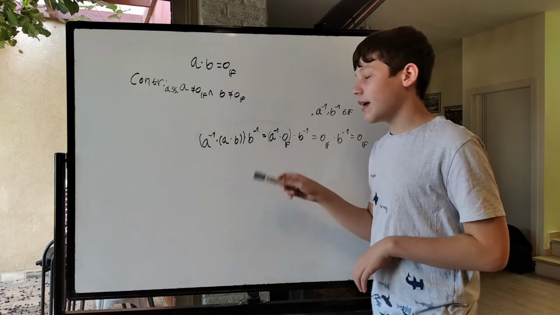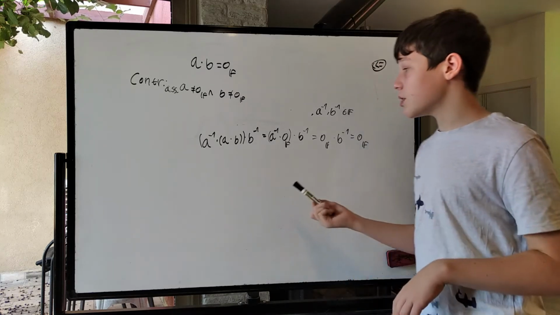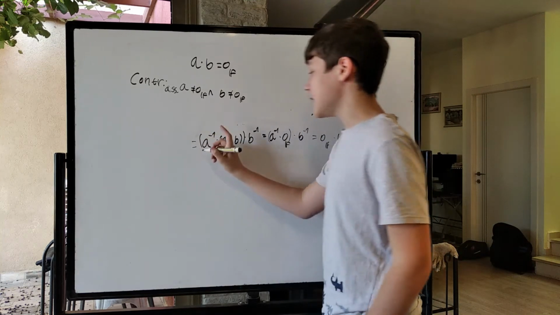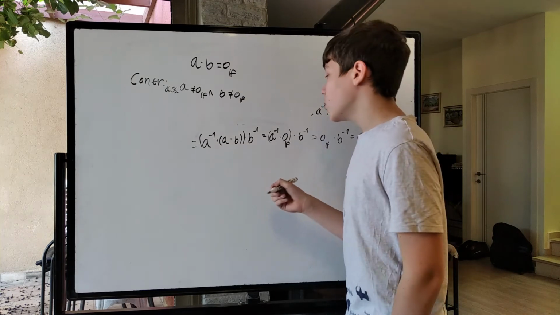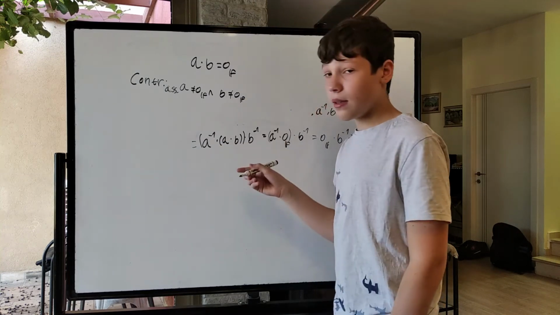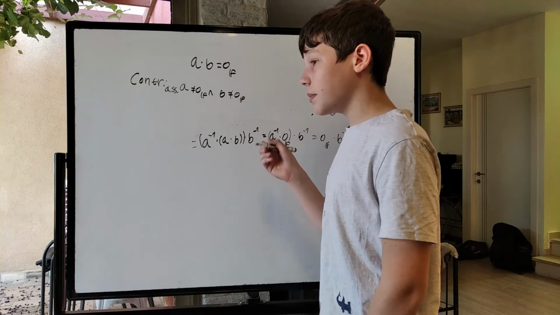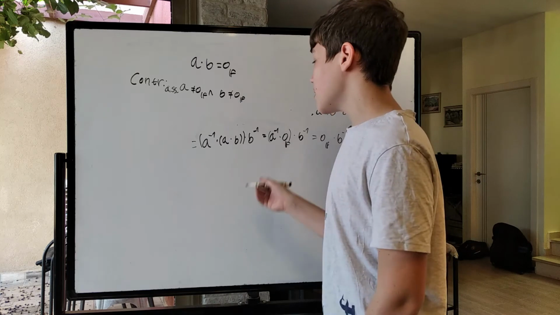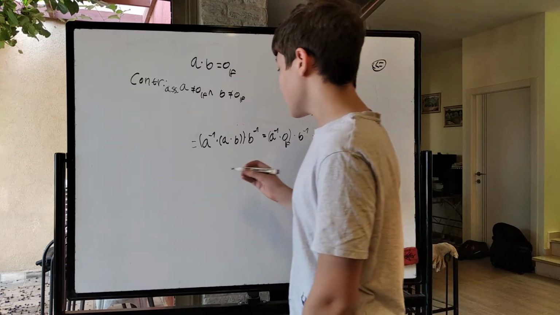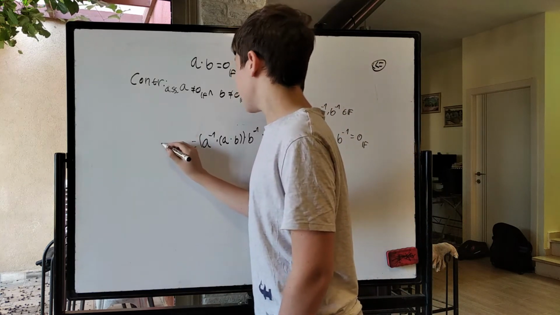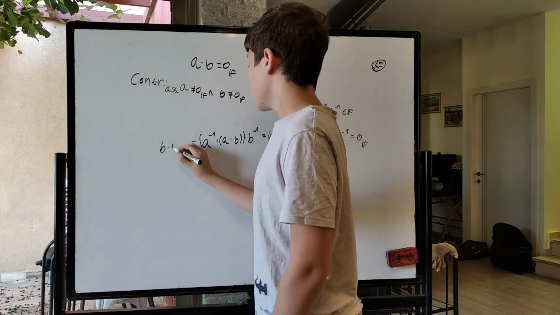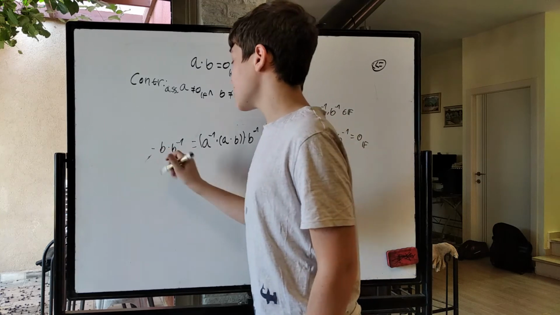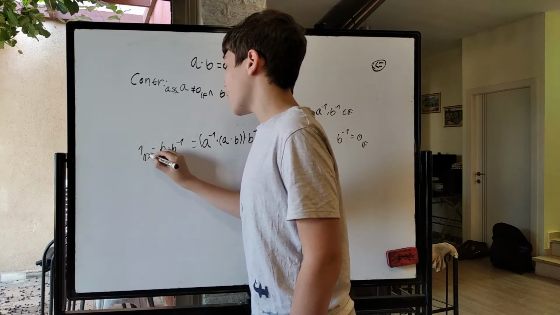And then we'll get the inverse of A times A, which is the one of the field, times B. And that will leave us with, so I can just say these sort of cancel out, which will get us the one of the field times B. That times the inverse of B. But the one of the field is the multiplicative identity, and so it doesn't matter when multiplying. And so we get that this is B times the inverse of B. But again, anything times its inverse is the one of the field.